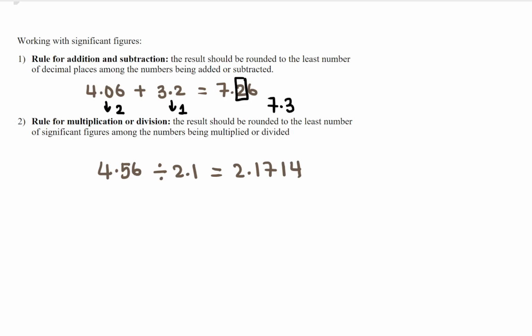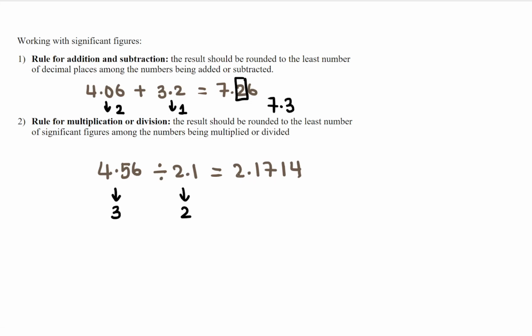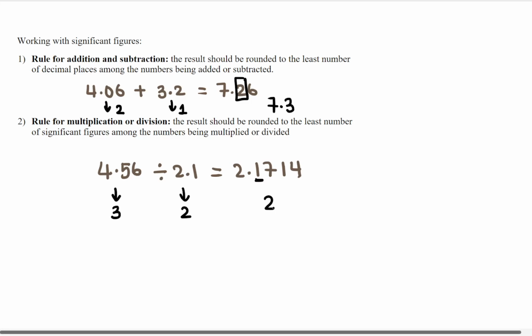So according to the rule, we round the result to the least number of significant figures. Here 4.56 has 3 significant figures and 2.1 has 2 significant figures. So we round this to 2 significant figures, which would be 1 and 2 here, and that would give us 2.2.